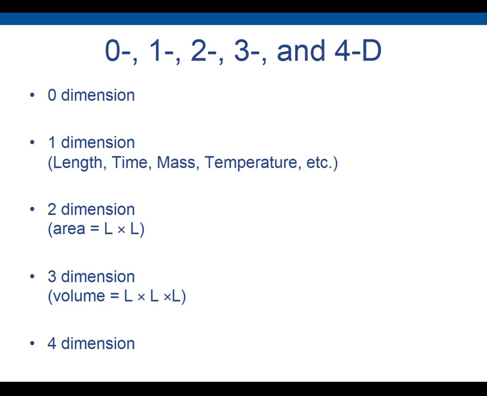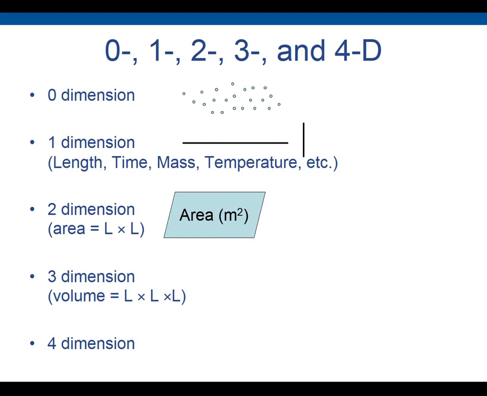So what is 0 dimension? 0 dimension is just a point. Okay, 1 dimension is length, time, mass, temperature. Just 1 dimension. Okay, the 2 dimension is 1 dimension times another dimension. So for example, L times L, we find area.